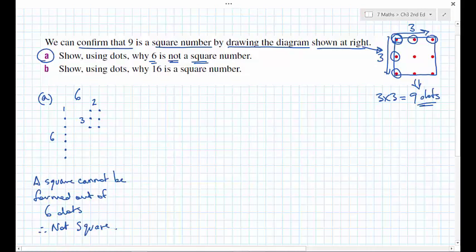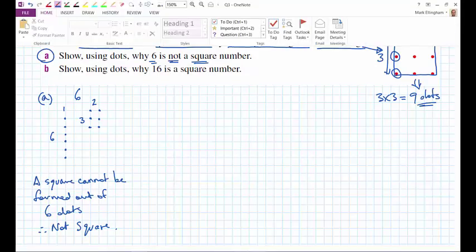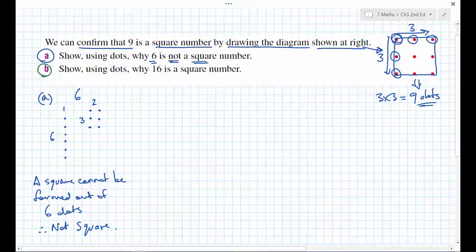Okay, so if we have a look at B though, what we want to look at is why 16 is a square number. Well, if we look at 16, I can go 1, 2, 3, 4 in this direction, and 1, 2, 3 in that direction, because I already got that.